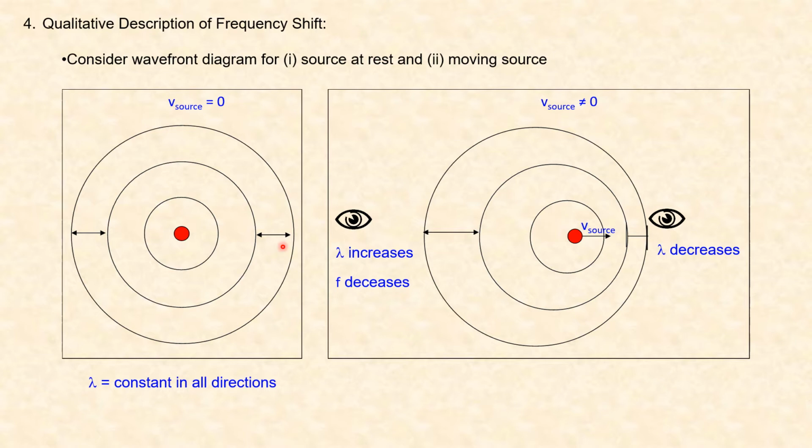And like we said, for a wave traveling in a medium at a constant speed, if the wavelength goes down, the wave frequency must increase. So if this is a sound wave, this would explain why, when the source of sound moves towards the observer, the pitch or the frequency of the sound would increase.